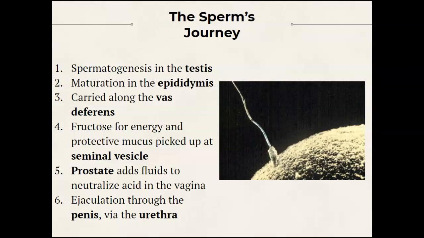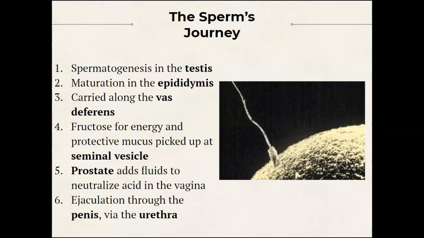But anyways, the sperm's journey. The sperm has quite a journey in the reproductive system. Spermatogenesis is the formation of sperm. I don't need you to know the specifics of spermatogenesis right now, but again, in topic 11 in year 2, you absolutely will need to know that.